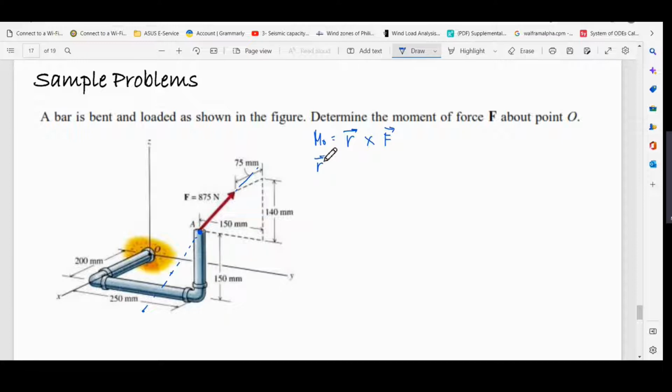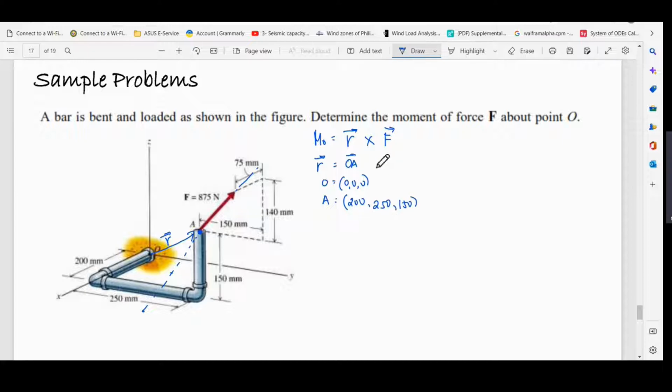Therefore, the position vector r na gagamitin natin is ito. Position vector r, which is equal to OA, diba? So, O is, of course, 0, 0, 0. And then, for A, x natin dito will be 200, y is 250, z is 150.